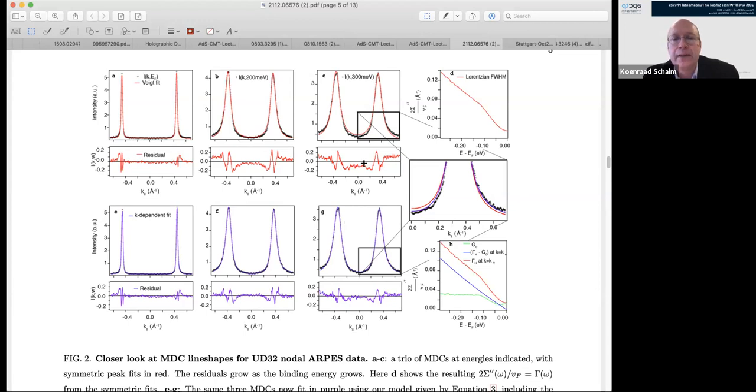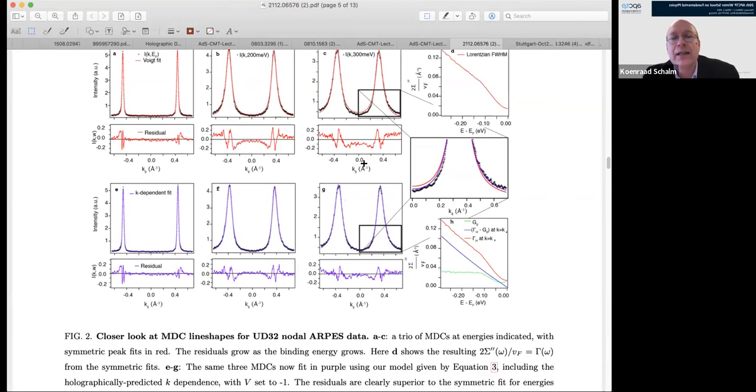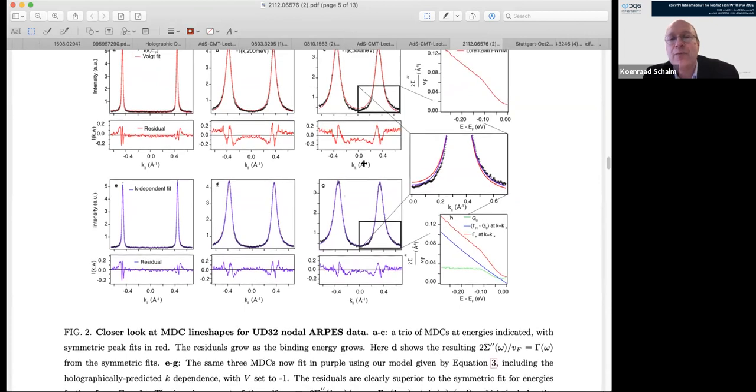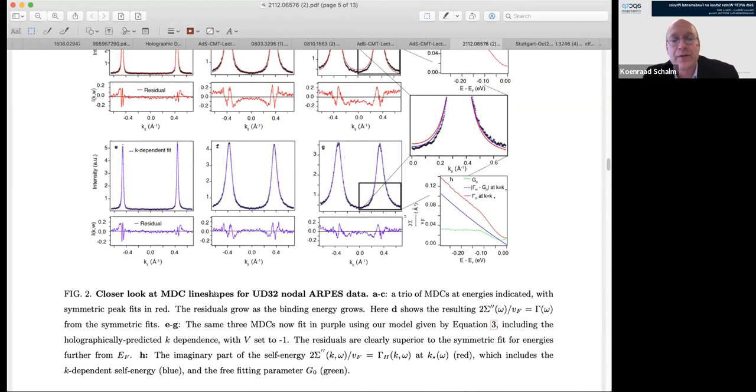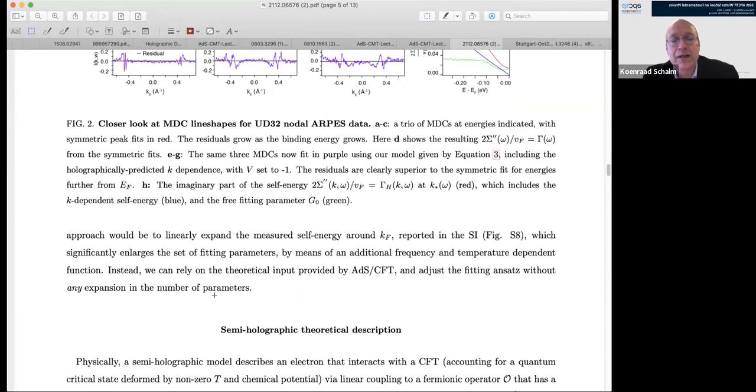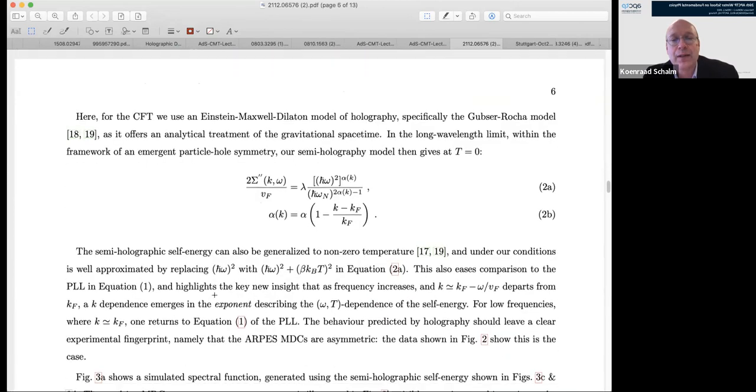And what we realized after several tries is that if you make that exponent momentum dependent, which is sort of the first notion that you will get from holography, you get the following fits. So here you have a momentum dependence in the exponent.